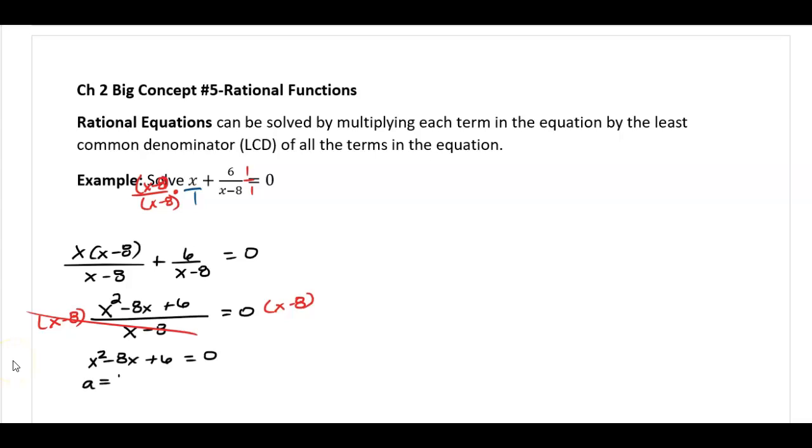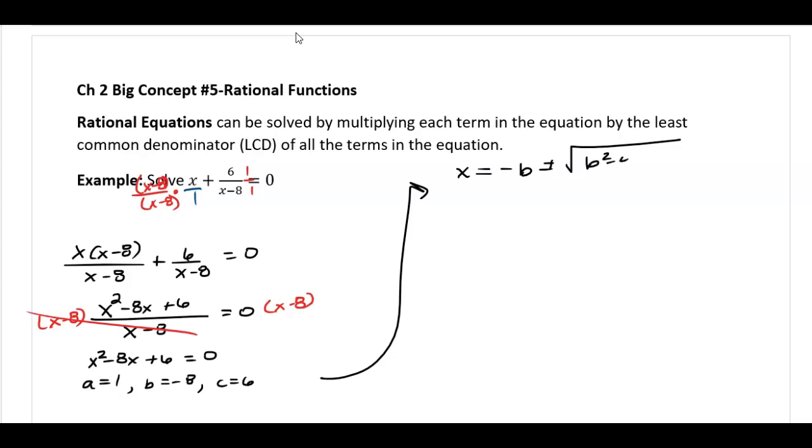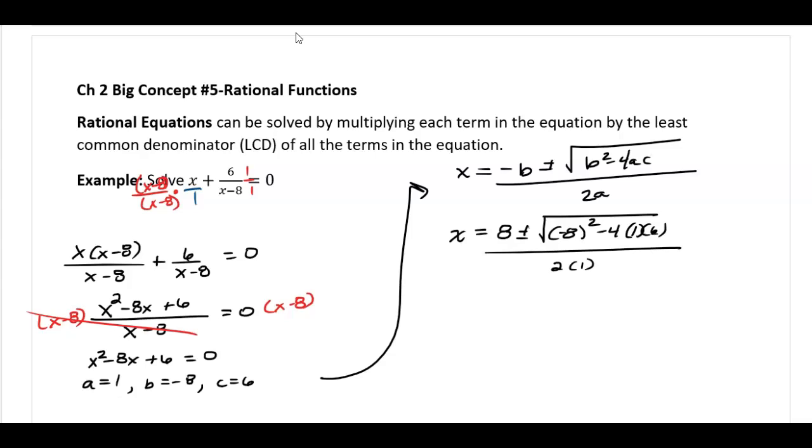So we have a equals 1, b equals negative 8, and c equals 6. I'm going to go over here. I know my quadratic formula, which you guys used a lot yesterday, or well, on Wednesday. Negative b plus or minus the square root of b squared minus 4ac all over 2a. So x equals positive 8, because we take the negative of the actual b, so negative 8 becomes 8, plus or minus the square root of negative 8 quantity squared minus 4 times 1 times 6, all over 2 times 1.